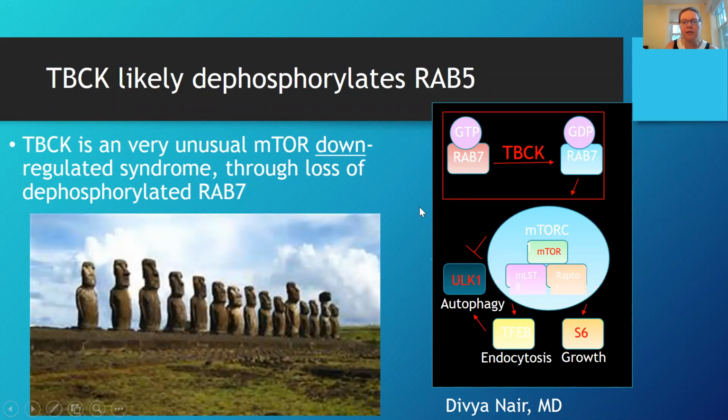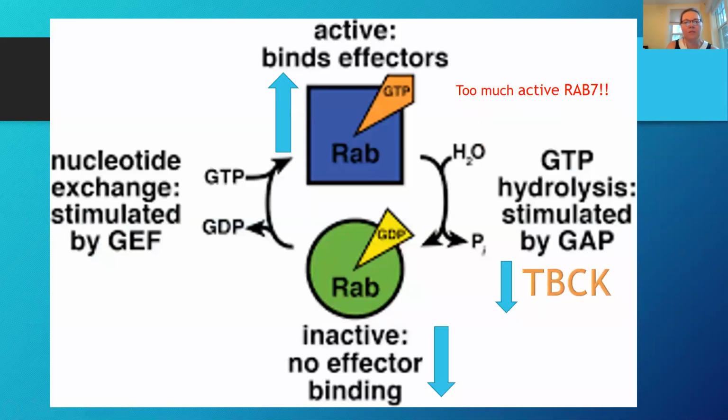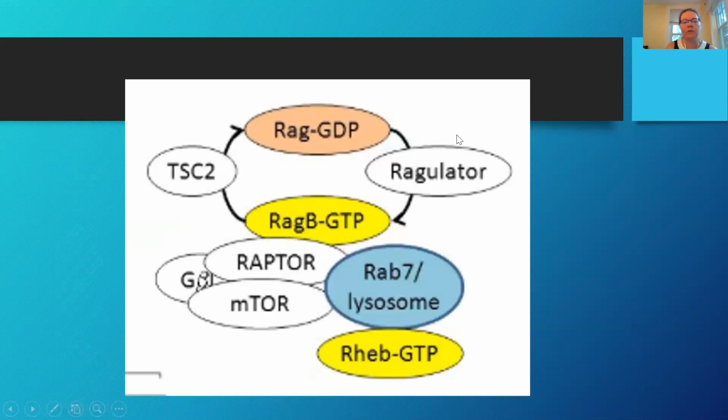And that's what leads to the decreased TBCK. So when you have less TBCK, you can't undergo this appropriate GTP hydrolysis, and you end up with too much active RAB5 and RAB7. And we knew that RAB7 and RAB5 are important for mTOR and lysosome formation.